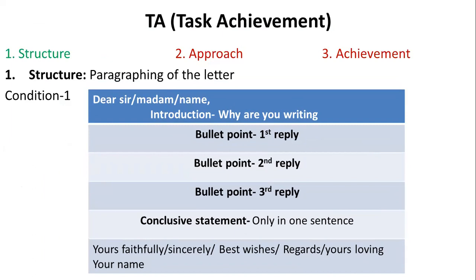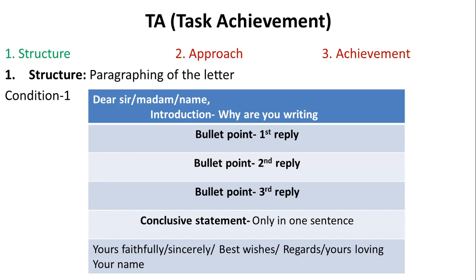Bullet point first reply in the next paragraph, then in the next paragraph bullet point second reply, in the next paragraph bullet point third reply, and then a conclusive statement in only one sentence, then the complimentary ending, and then your name. In this condition, bullet point 1 is the question to which we will have to reply in a good length of paragraph. We can't add that bullet point's answer in the introductory part.